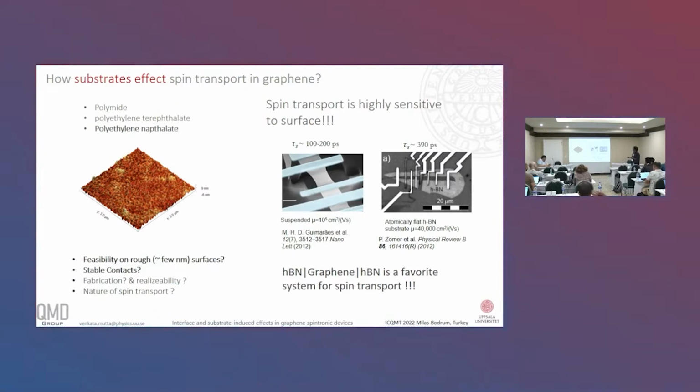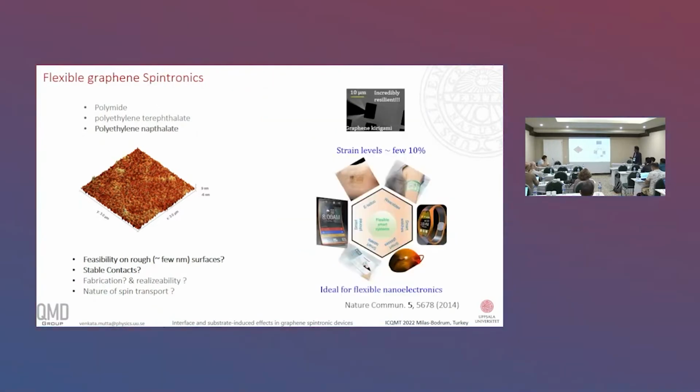Especially in the field, what we are aware of is that if we want a high mobility, we need to encapsulate graphene or put it on top of hexagonal boron nitride, which is atomically flat. So it is possible to suspend it or put it on top of an atomically flat substrate to avoid substrate-induced scattering potentials and obtain very high mobilities. But on this kind of substrate, we do not know, because this has more roughness than the conventional silicon dioxide substrate that I spoke about.